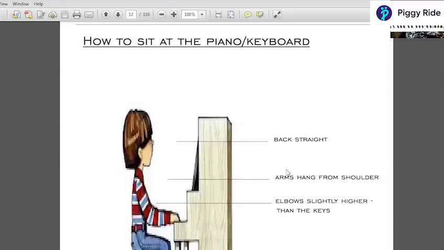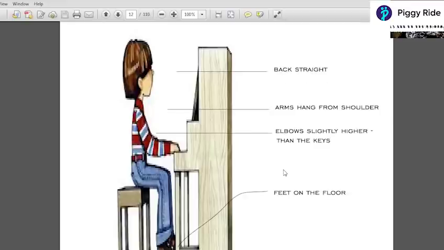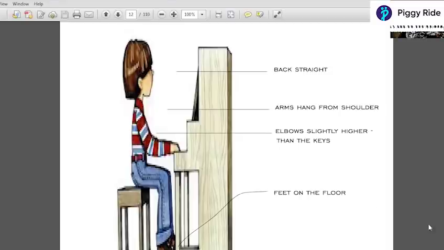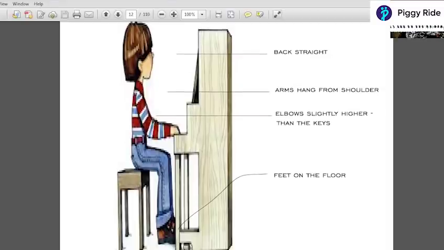So let's move on to the next thing: how to sit at the piano or keyboard. It is very important to know how you will sit, in the beginning and every time. You can see this is a grand piano. I will try to explain.